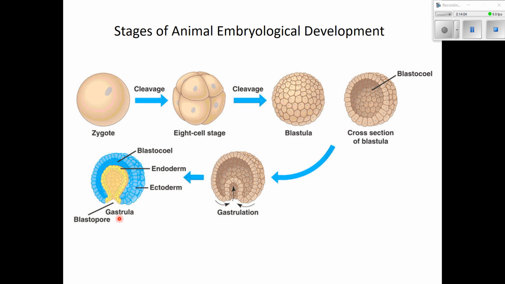So a gastrula is somewhat of a hollow ball of cells, but it has multiple different layers of what we call germ layers, ectoderm, endoderm, eventually mesoderm. And so the difference is in a gastrula, the cells have started to specialize, whereas in a blastula, all of the cells are still totipotent embryonic stem cells.